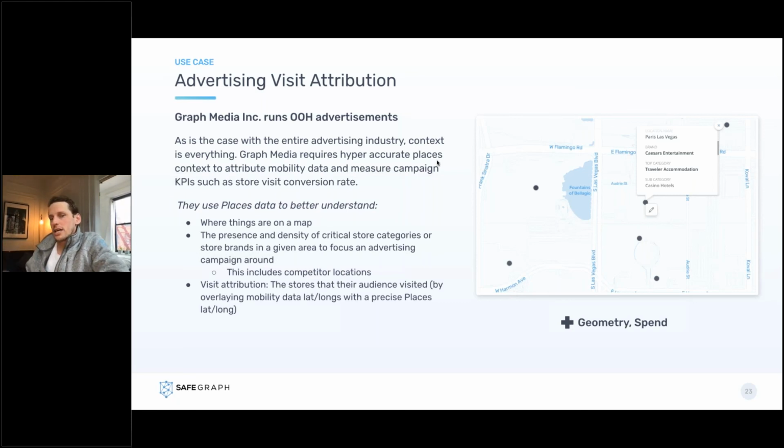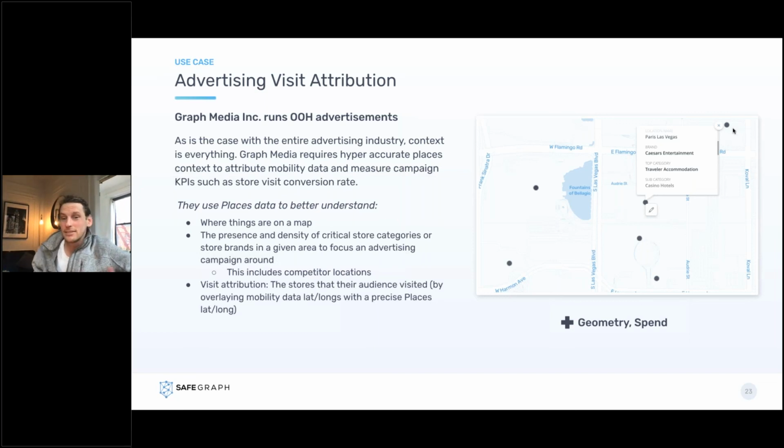There's actually the reverse scenario where a client or organization might have the mobility data, but they don't have accurate places data to intersect it with. So a common example is a company that might have an application with an SDK and they have a general sense of movement within a particular area, but they're not able to intersect it with locations to make sense of it. And if you have a cluster of visitation around, in this example, the Las Vegas Strip, but you don't know around what casino, it's not very valuable.